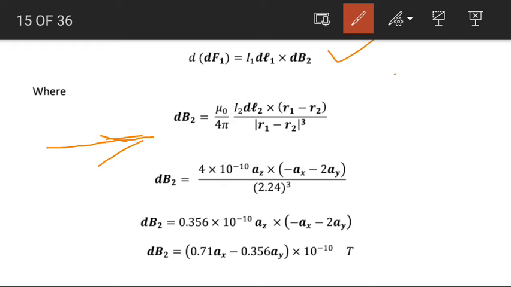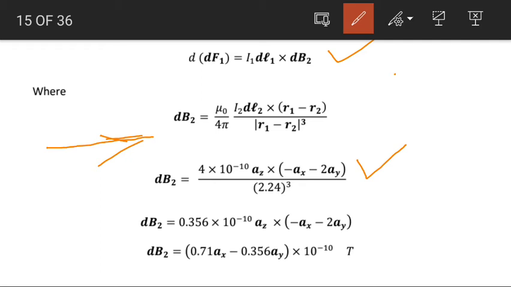So we put the values over here. We have 4 into 10 raised to power minus 10 Az cross minus Ax minus 2 Ay divided by 2.24 raised to power 3.